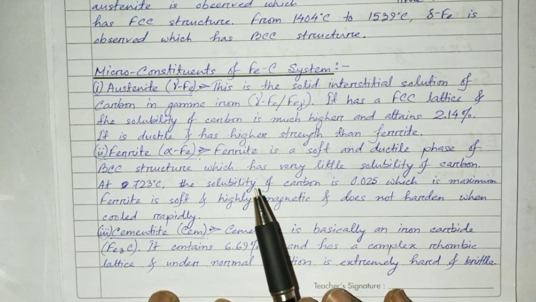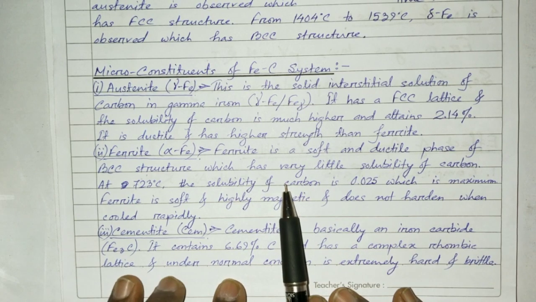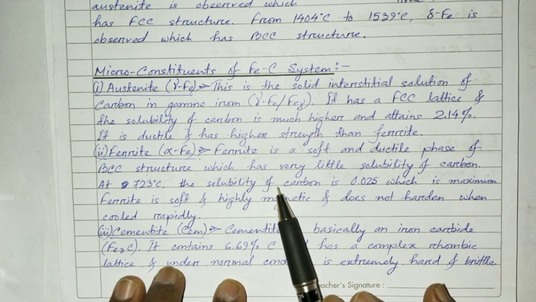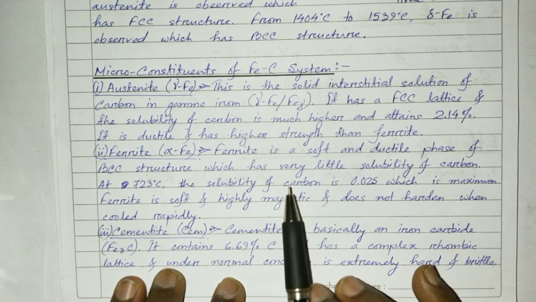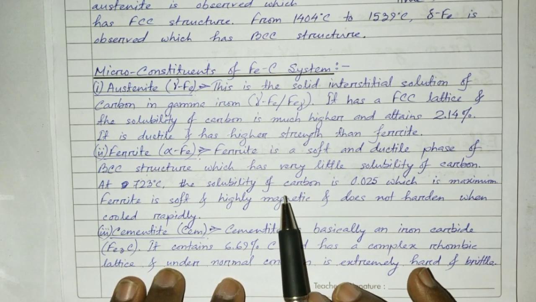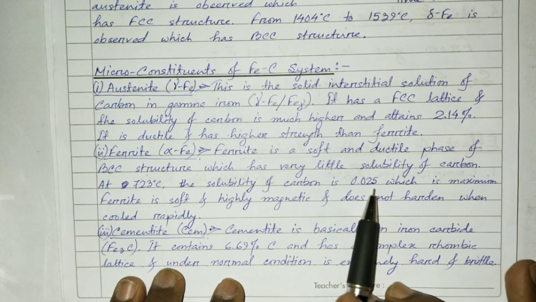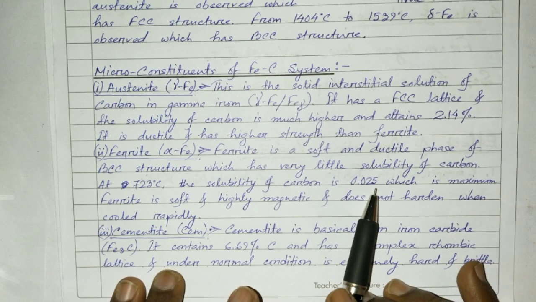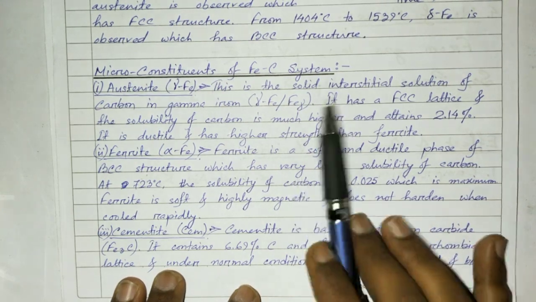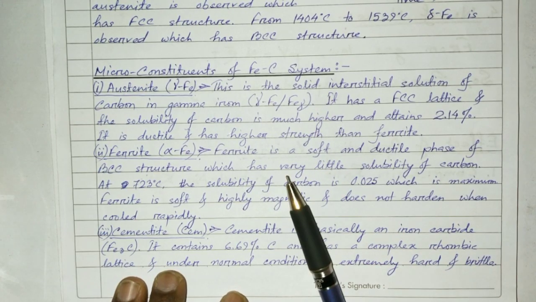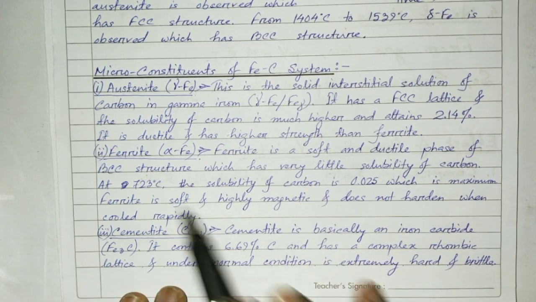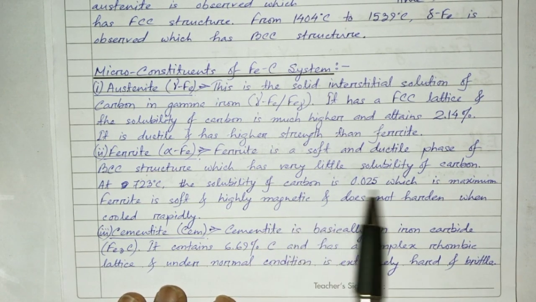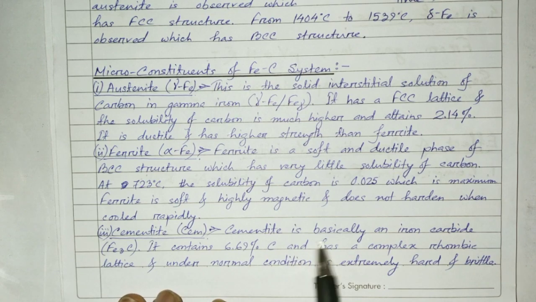From the phase diagram, you can see that the solubility of carbon in ferrite is maximum at 723 degrees centigrade, and that maximum solubility is only 0.025%. From both of these, it can be easily seen that in austenite, the solubility of carbon is much higher than that of ferrite. Ferrite is soft, it's highly magnetic, and it does not harden when cooled rapidly.